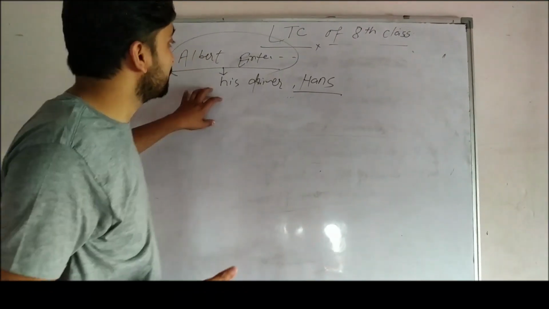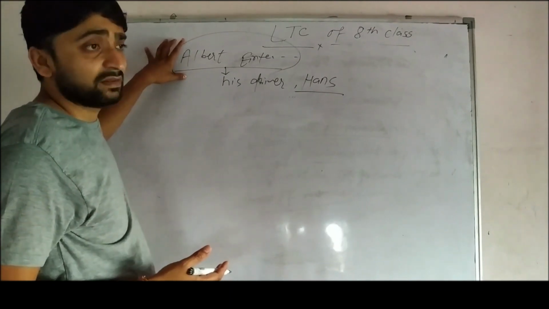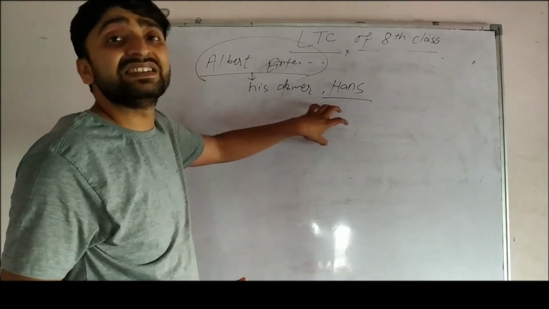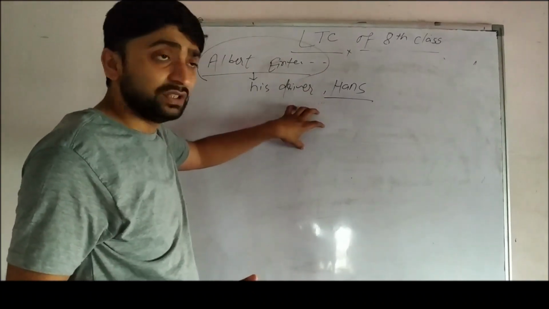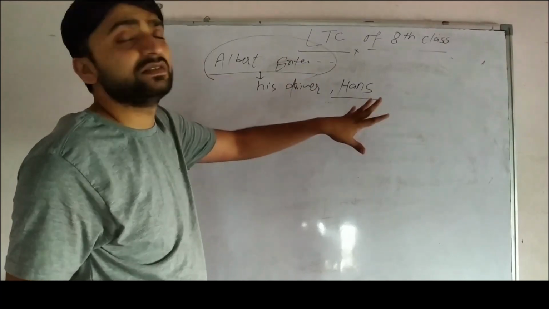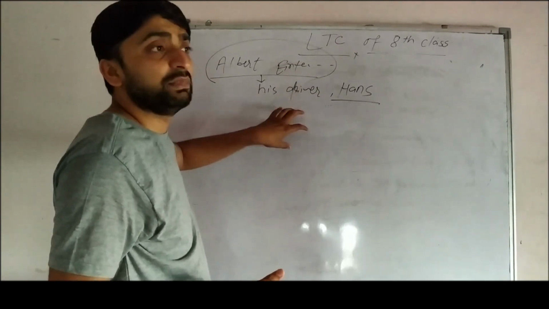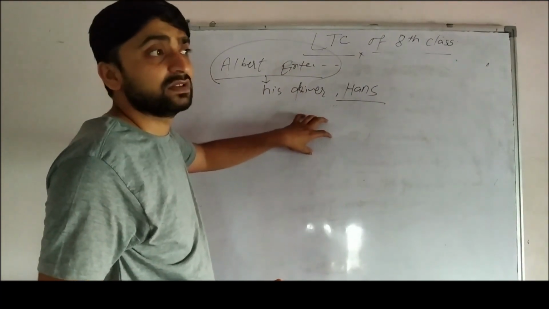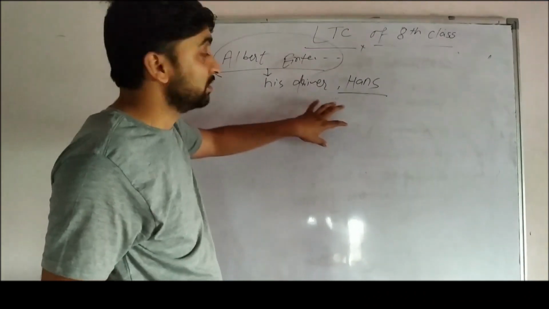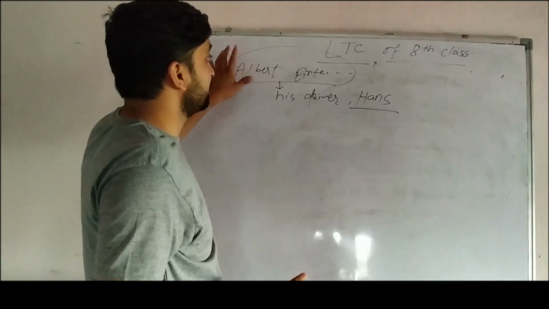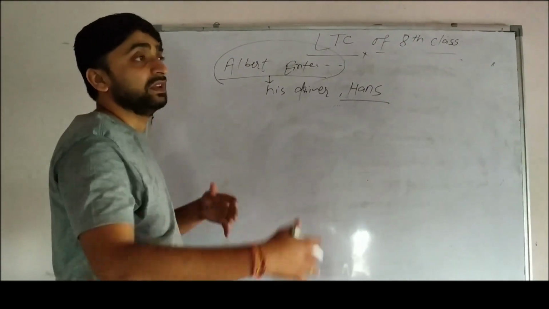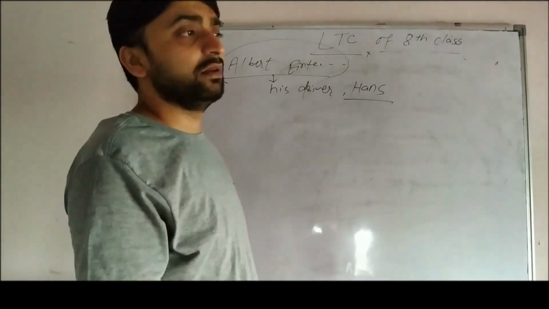The story begins with the introduction of Albert Einstein, a physicist. Because of him, there was the invention of the atom bomb. During his lectures, he visited many universities and places.